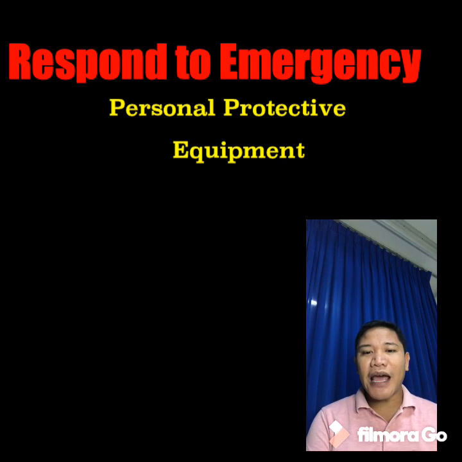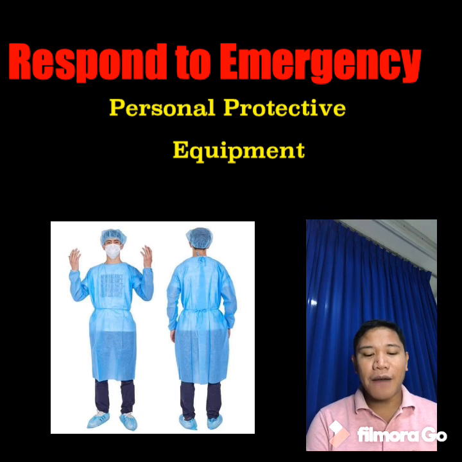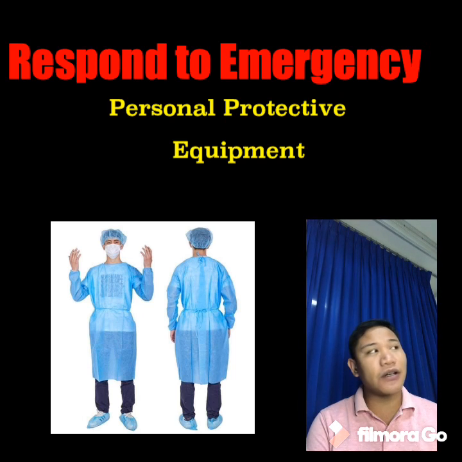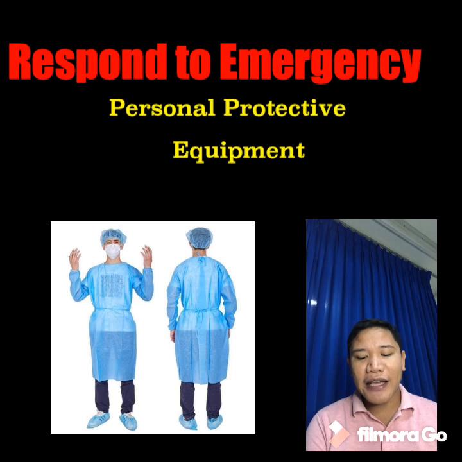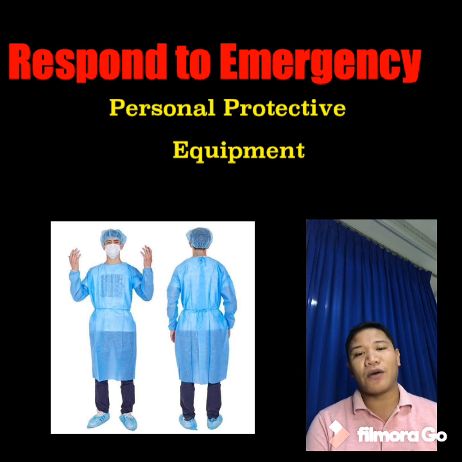Then next, after gloves is gowns. Gowns should be worn to protect skin and clothing during procedures or activities that are likely to generate splashes or sprays of blood, body fluids, excretions, and secretions. They should be worn by staff when applying contact precaution.